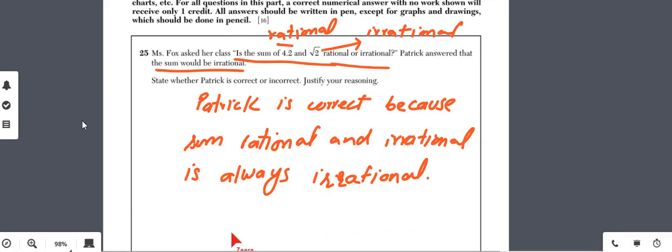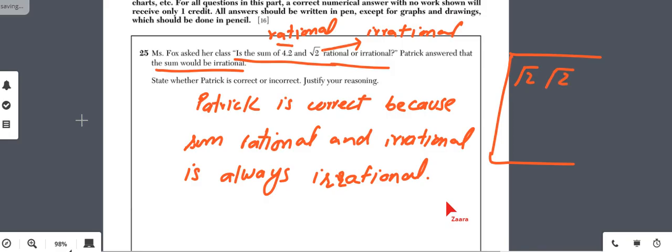Okay, if you multiply two rationals, the answer is rational. If you multiply two irrational numbers, it could be a rational number or it could be an irrational number too. The product of two irrationals can be rational or irrational. For example, just to revise: root 2 times root 3, now they both are irrational.